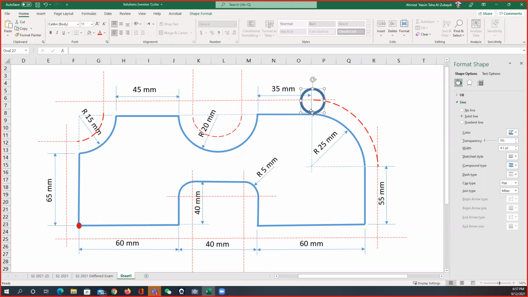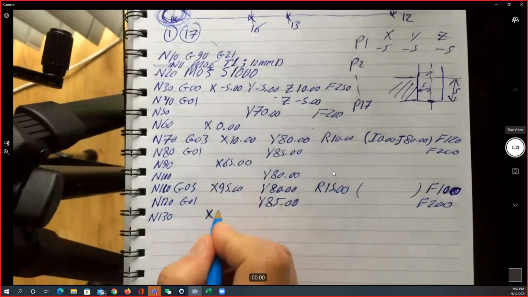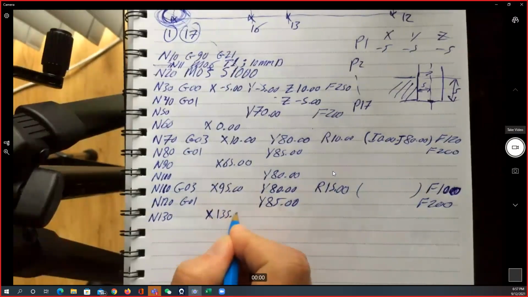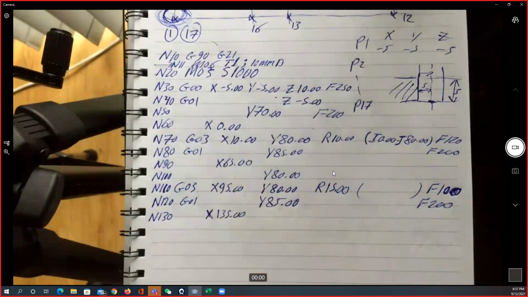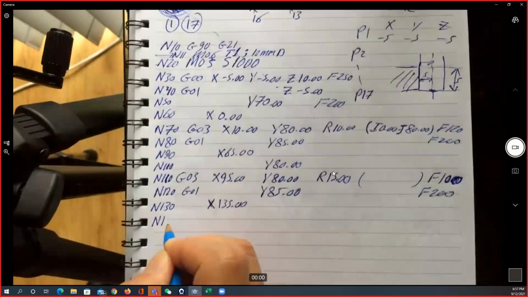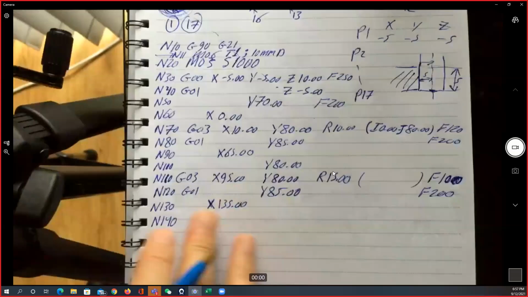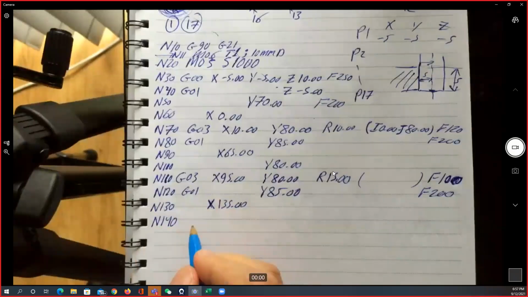Okay, this will make it 135. And N140. Actually, this is a good thing to see the whole code.